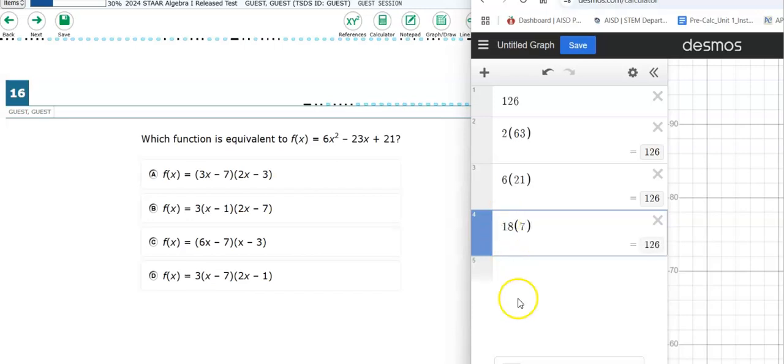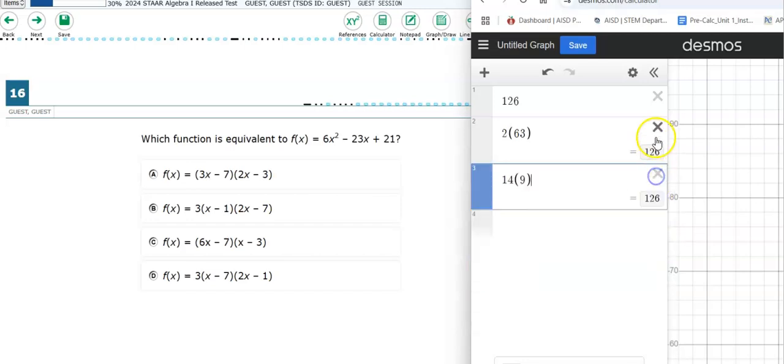Okay, but those add up to 25. I'm kind of running out of options. I think I know what it is. It is 14 times 9. Yeah, 14 times 9 is 126, and 14 plus 9 is 23. That's a challenging one. Okay, so that means I have to do 14 and 9.